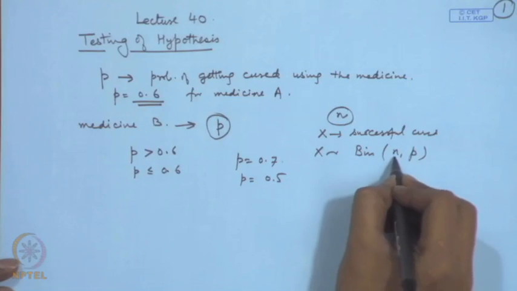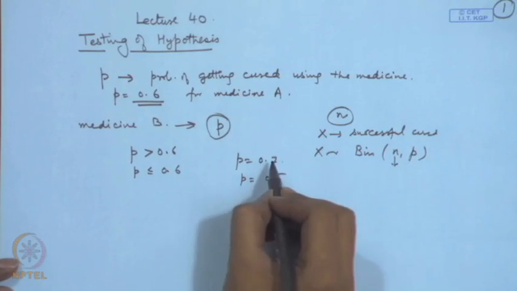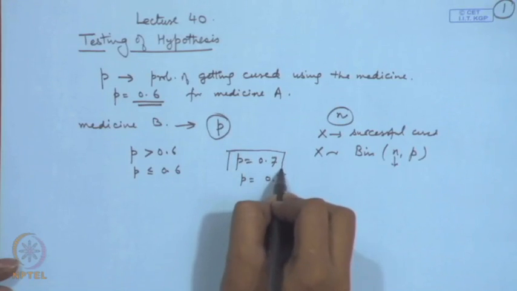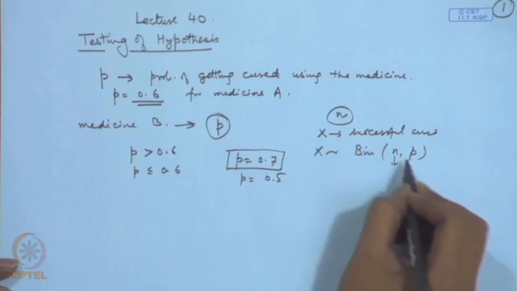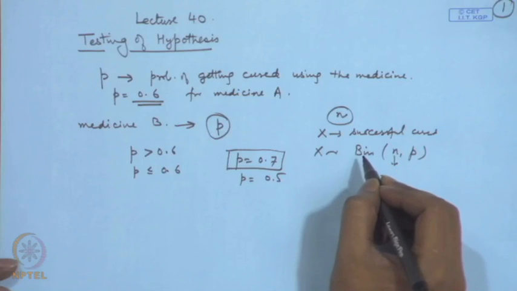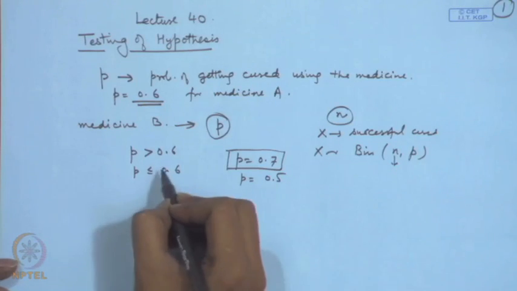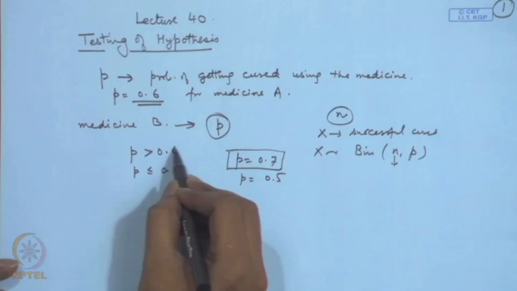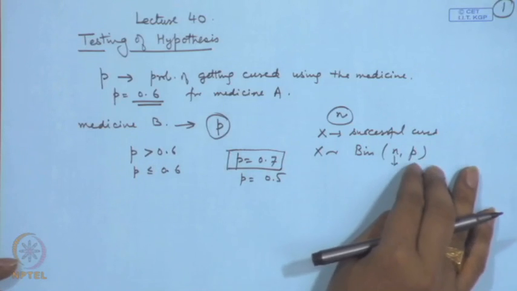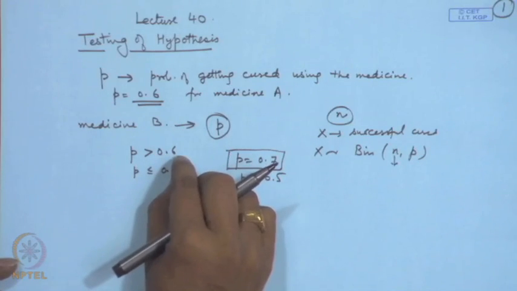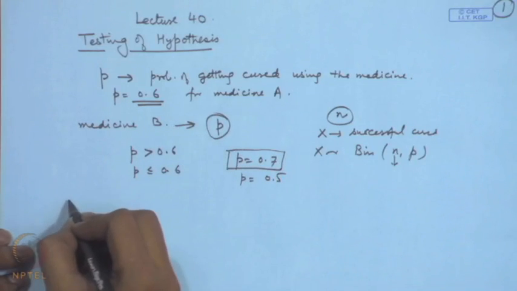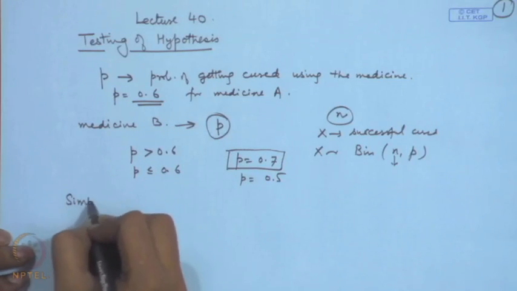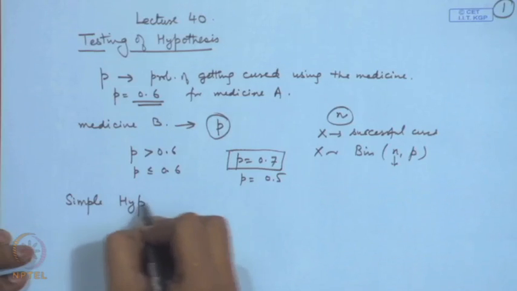If we consider here n known and p unknown, and we write a statement like p is equal to 0.7, then the probability distribution is completely specified. Whereas if we write p is greater than 0.6, then the probability distribution is not completely specified. It only says p is some value greater than 0.6. So, the first gives a simple hypothesis.